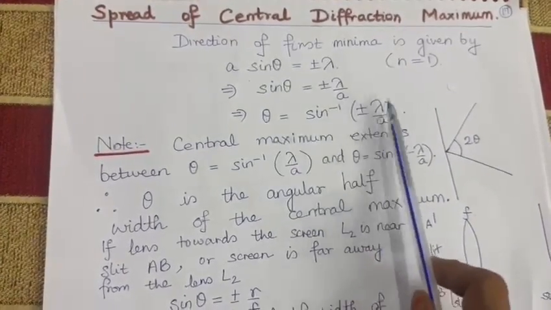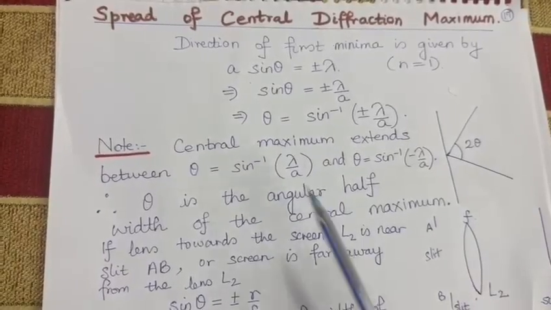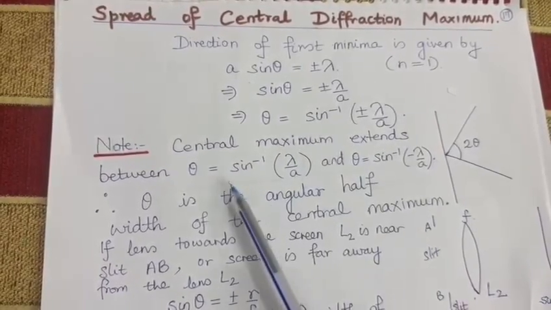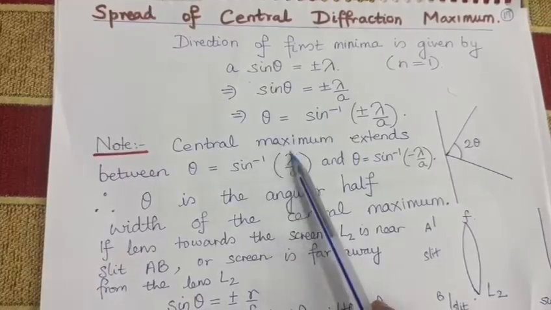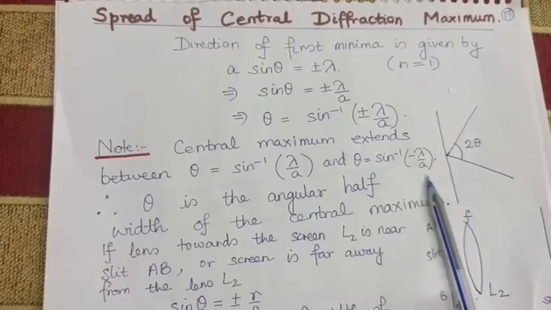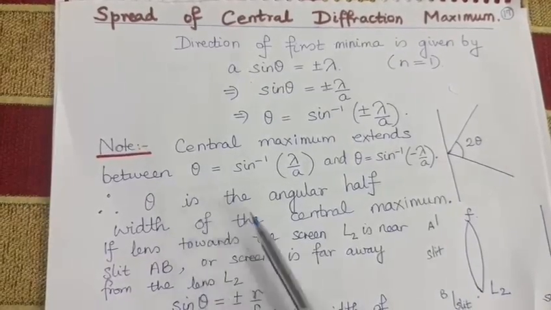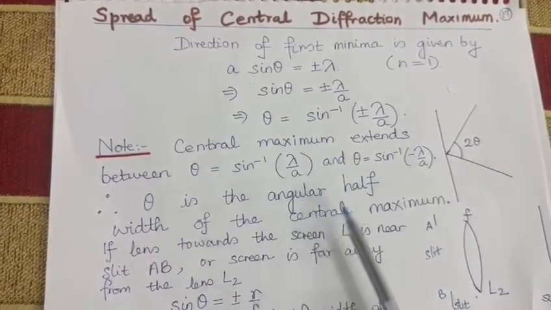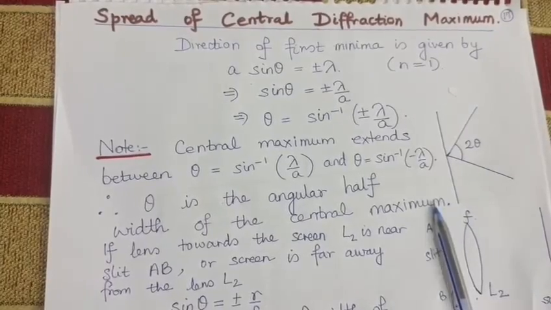So theta becomes sine inverse of plus minus lambda by a. So the central maxima extends from theta equal to sine inverse of lambda by a to theta equal to sine inverse of minus lambda by a. So theta is the angular half width of the central maximum.